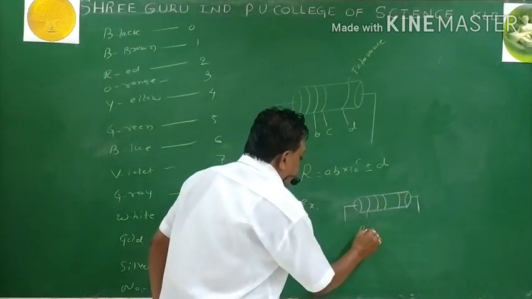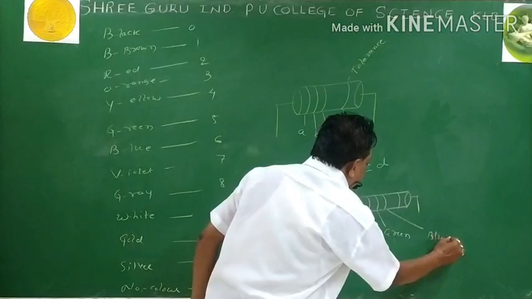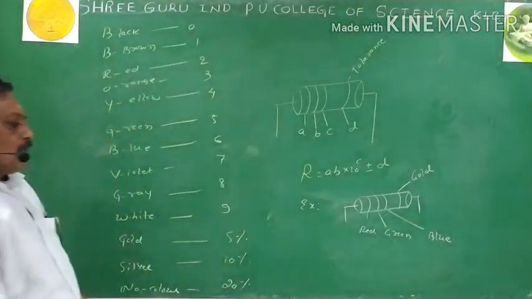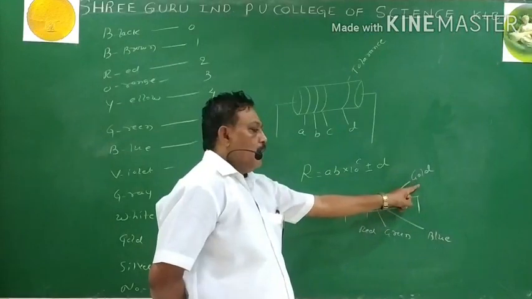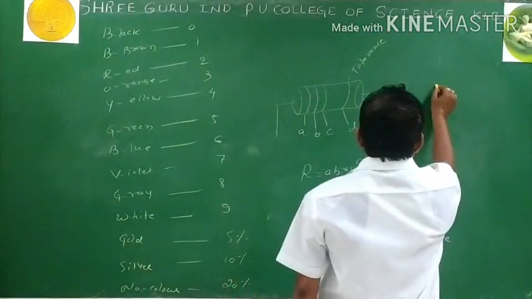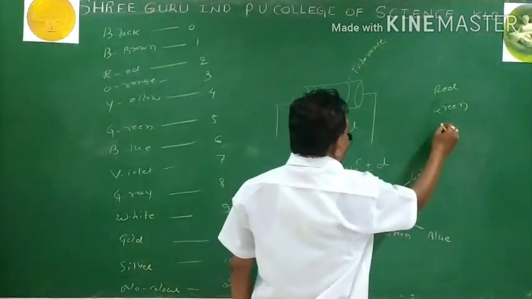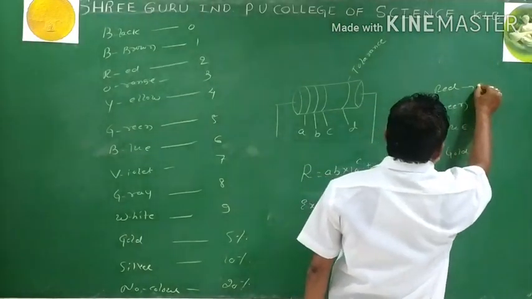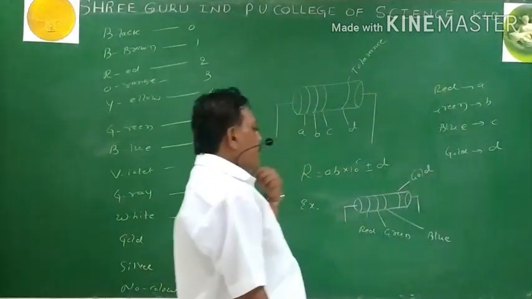One is red, second is green, third is blue, for example, and the fourth is gold. The color sequence is red, green, blue, and gold, that is tolerance. This is A, this is B, this is C, and this is D, according to our equation.